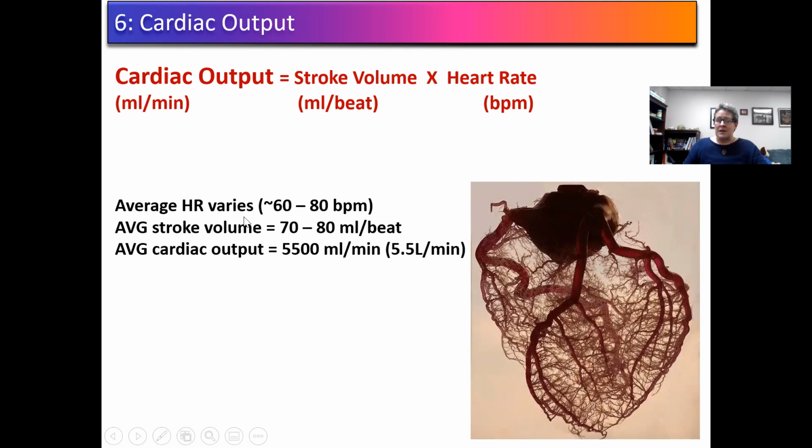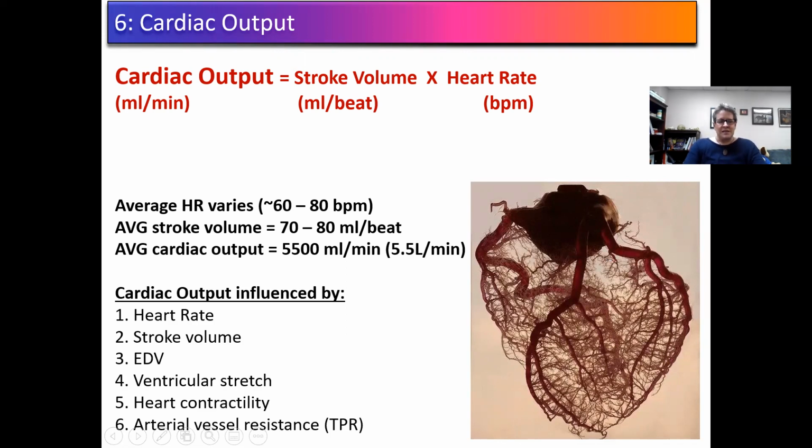The average heart rate can vary a lot, 60 to 180. Average stroke volume averages 70 to 80 mLs with every beat. And if you multiply those out, you get an average cardiac output of 5,500 mLs per minute or 5.5 liters per minute. All right, 5.5 liters. That's a lot of blood to pump out every minute.